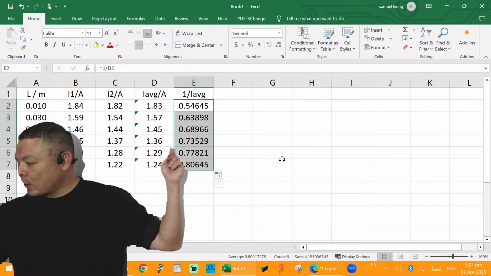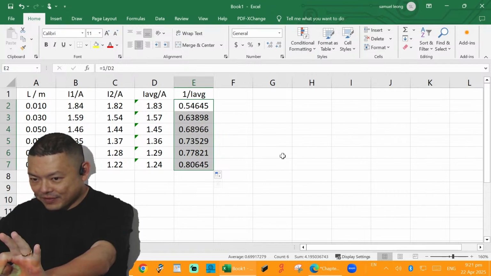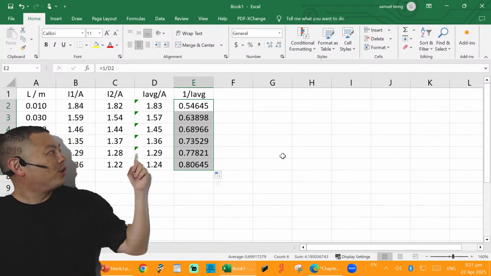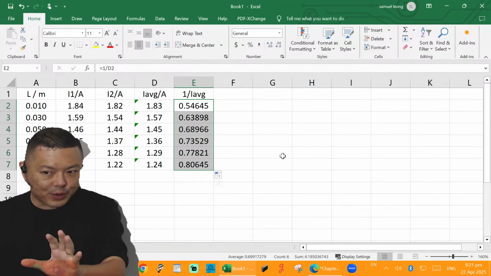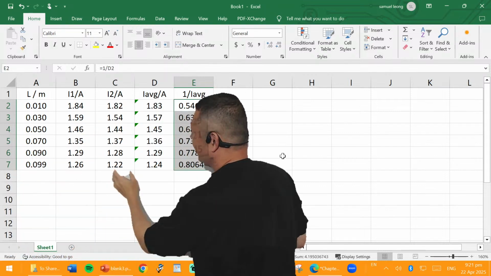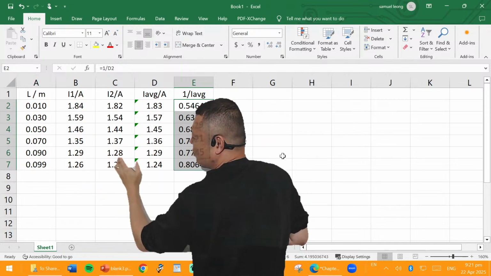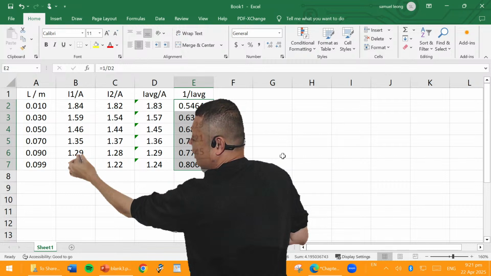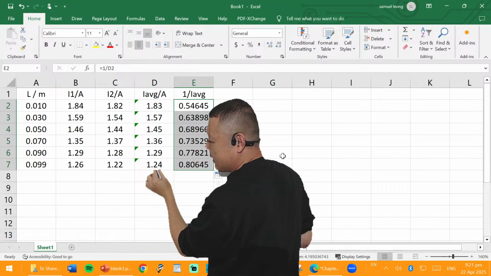Since it's a 1 over I average, you have to round this off to 3 SF because your original number here has 3 significant figures. It's confusing, I know, but the rule is this: your average was calculated based on these two currents, which have 2 decimal places, so we just leave the average current as 2 decimal places.